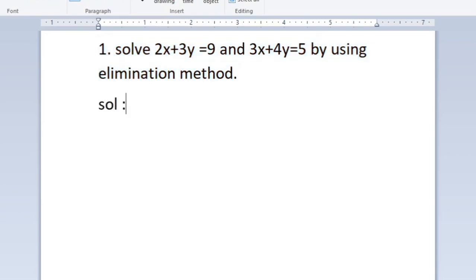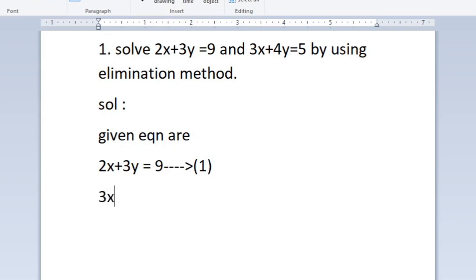So in solution, you have to write down the given equations. Given equations are 2x plus 3y is equal to 9. You can take as equation 1. Then 3x plus 4y is equal to 5.